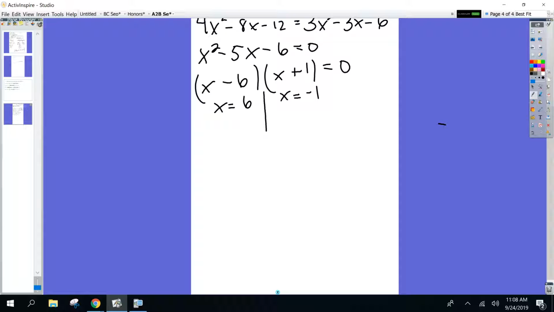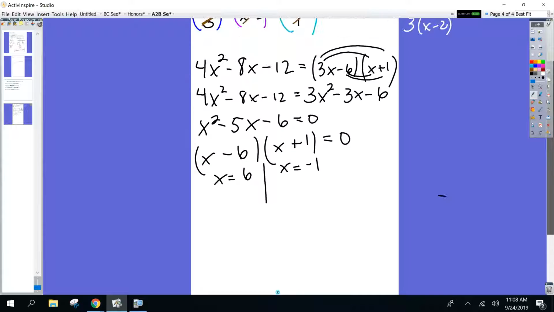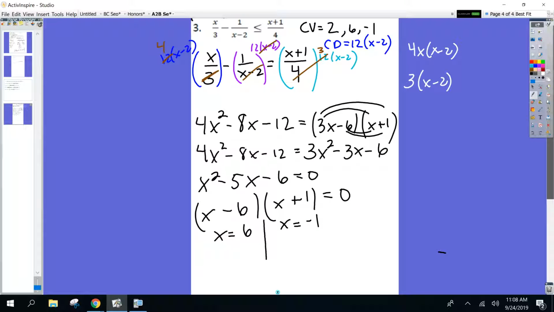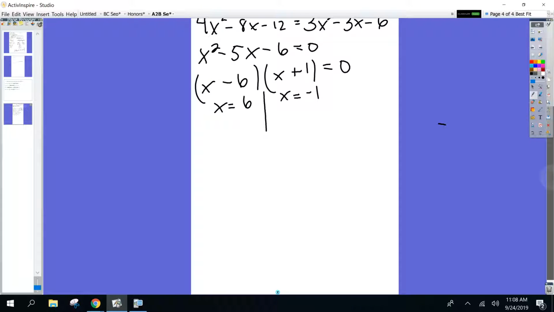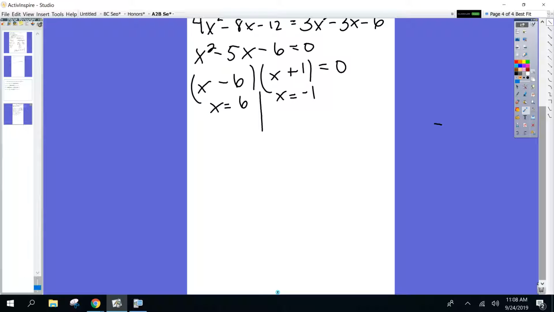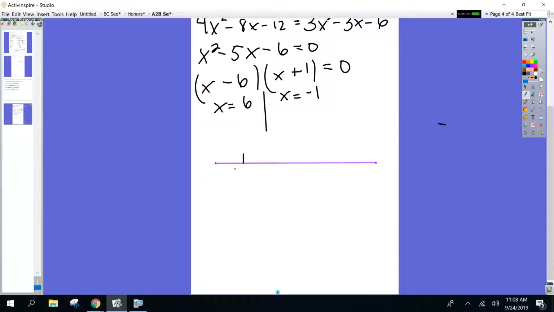My critical values, which I'm going to put on my number line now, because this is an inequality problem. So I need to put it on the number line and test values in between. So here we go, everyone. Get those calculators fired up, if you're not at this point. All right, I got -1, I have 2, and I have 6 as my critical values.